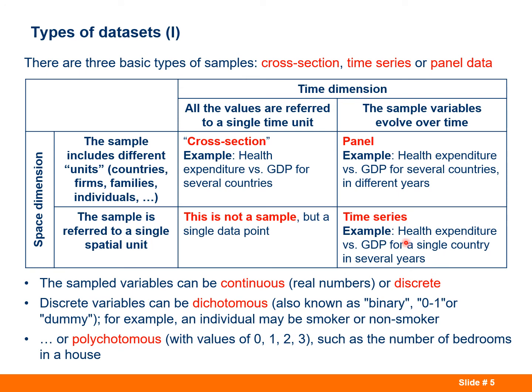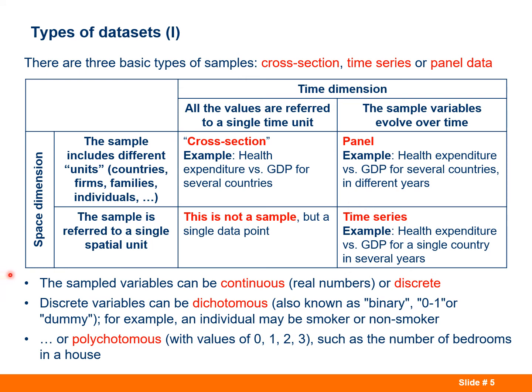And the combination of cross-section and time series arises in the form of panel data. In panel data, you have a time dimension because the sample variables evolve over time, and you also have a space dimension. For example, you could consider health expenditure versus GDP for several countries in different years. You would have both types of dimension in the sample.